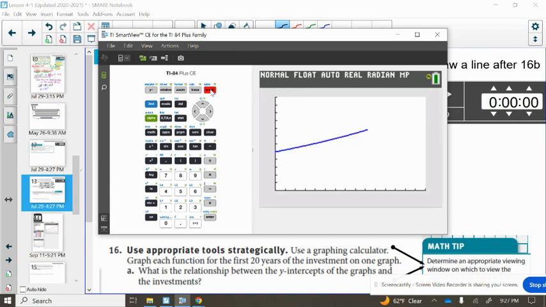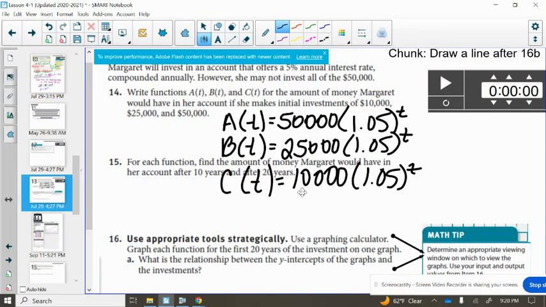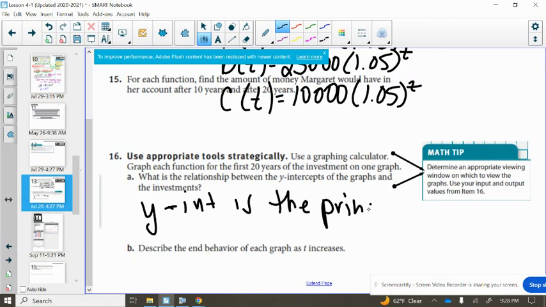Again, some things that we're noticing is for all three graphs, our y-intercept is different: the starting values 50,000, 25,000, and 10,000 end up being our principal value, aka our y-intercept. And as time goes on, the graphs are increasing. So we can see that we will still be increasing our money each time over, and the y-intercept is the principal amount.